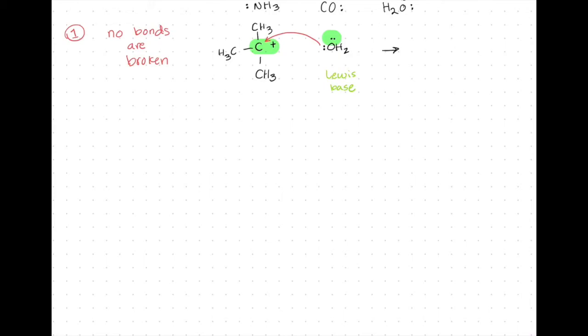That's why this is in the first category. And the product would look something like this, just with a new bond being formed in between carbon and oxygen. So this oxygen is going to be positively charged now, as we can see here.